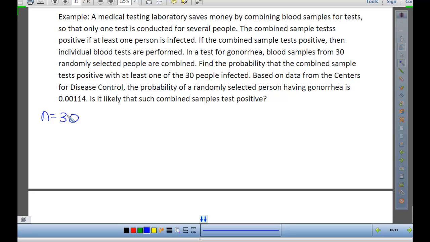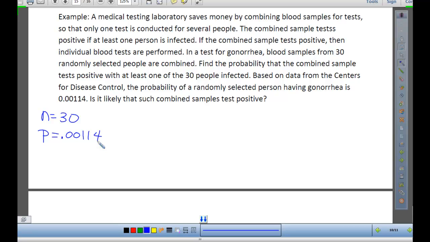And the probability of success is the same from trial to trial. In this case, a success is what? Having gonorrhea. You never would have thought to hear somebody say that, but remember, success doesn't have to be a good thing. It's just the characteristic that we're looking for, and so that's a success in this case.